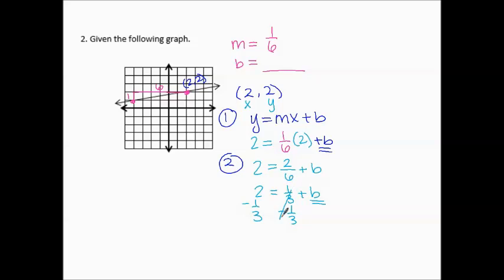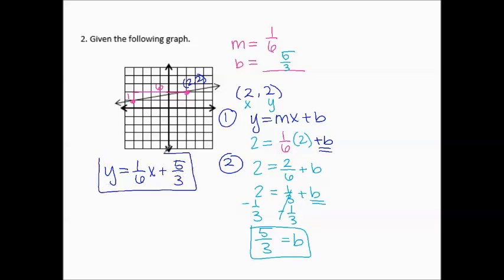When I do 2 minus 1/3, I get 5/3 is equal to b. So when I write my equation, I have y equals 1/6x plus 5/3. There is my equation of the line.